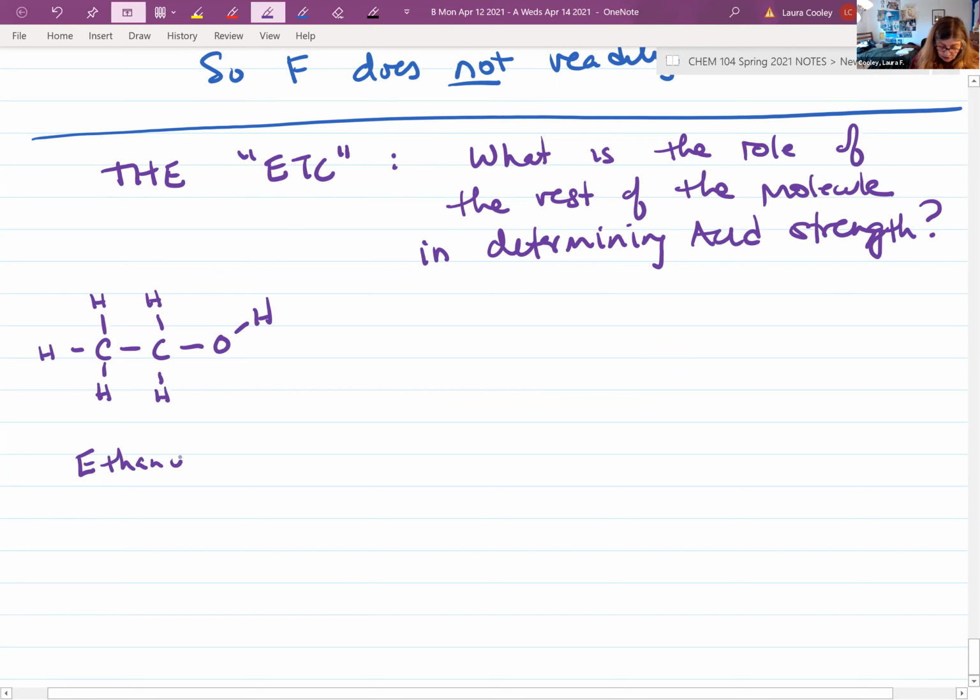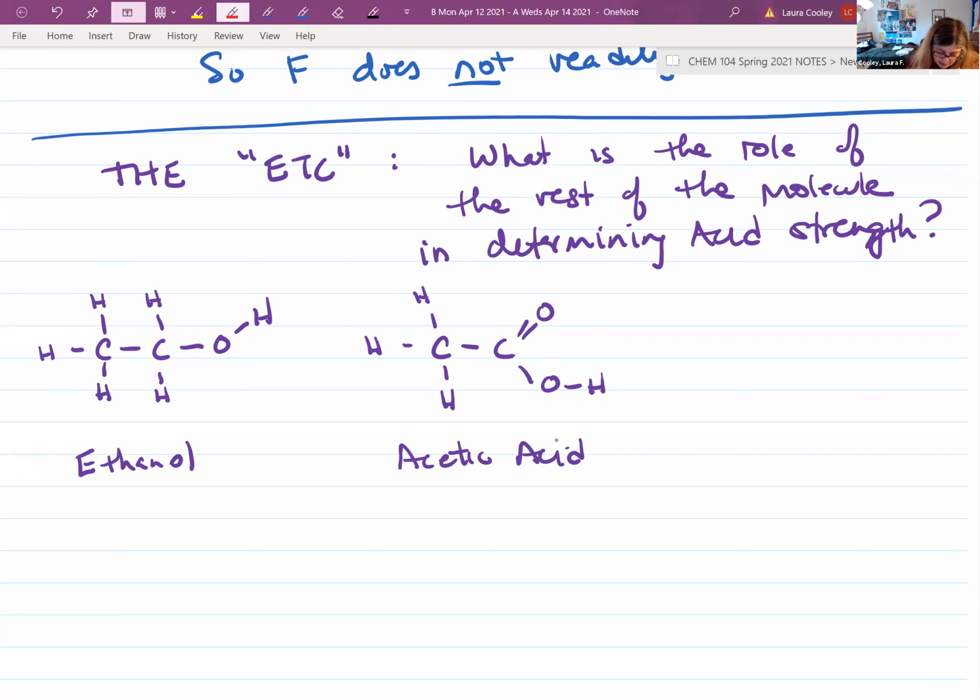This is ethanol, and the other one is acetic acid. Both of these have a hydrogen bonded to an oxygen. You have a delta plus, delta minus situation, right? You have the same type of bond.